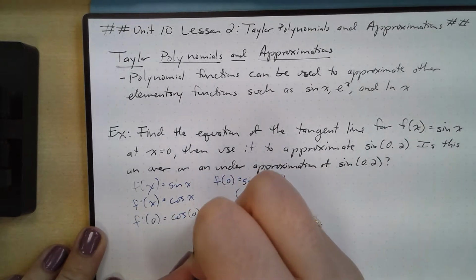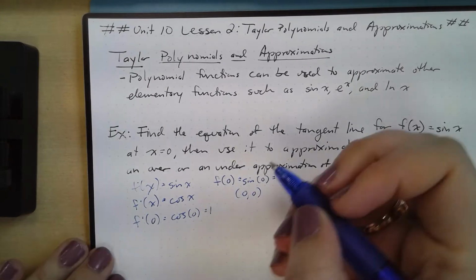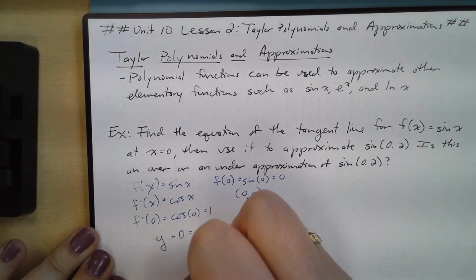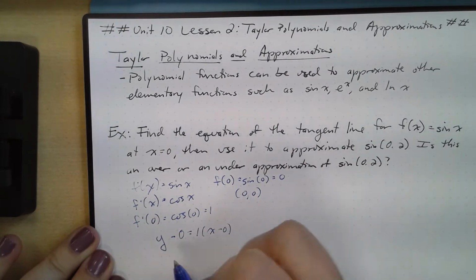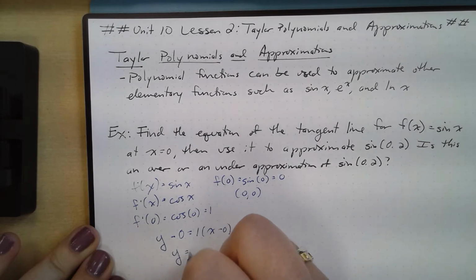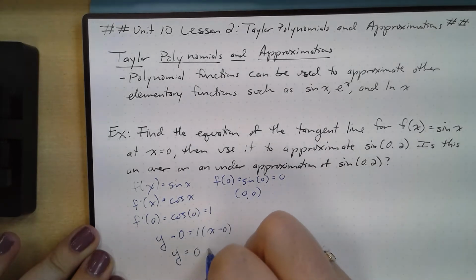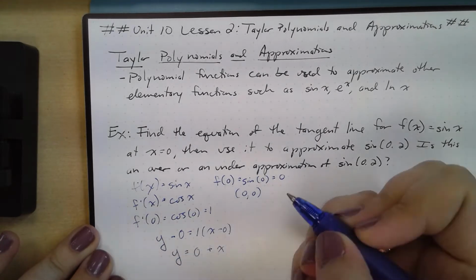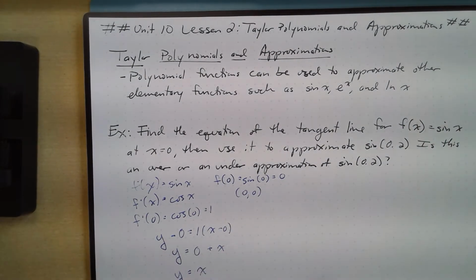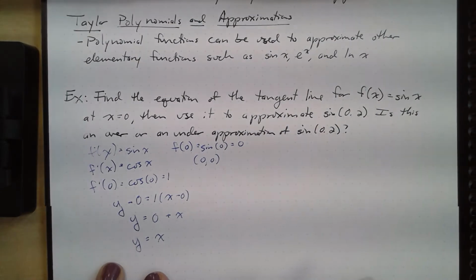Cosine of 0 is equal to 1, so we can actually write our equation of the line. y minus 0 is equal to 1 times x minus 0. And I can rewrite this as y equals 0 plus x, right? Or y equals x. And this actually is a Taylor polynomial.